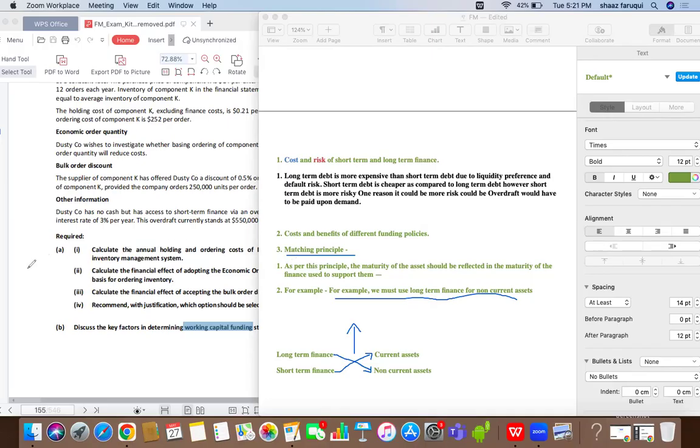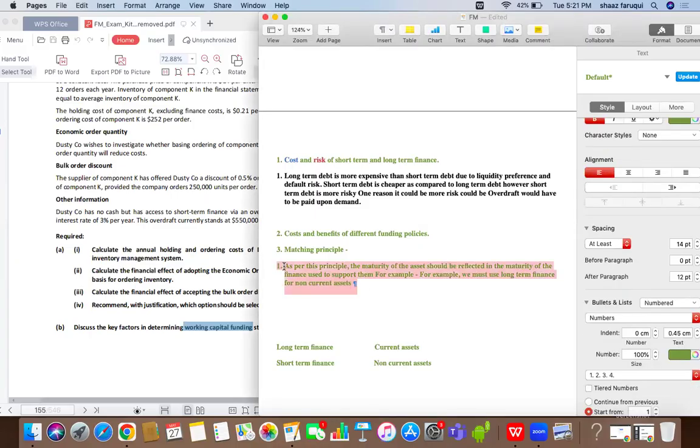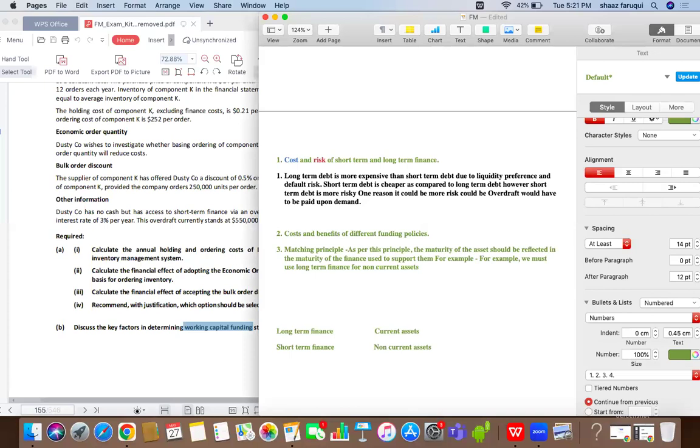Now that you have these points, you can put it in one answer, in one point, and you can say that as per the matching principle, the maturity of the asset should be reflected in the maturity of the type of finance used for them.